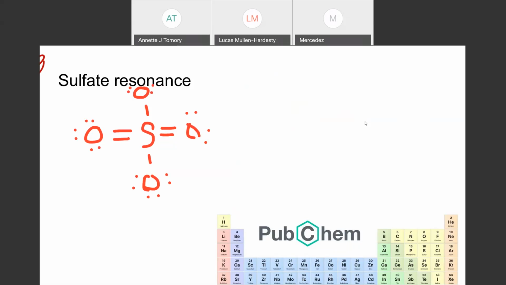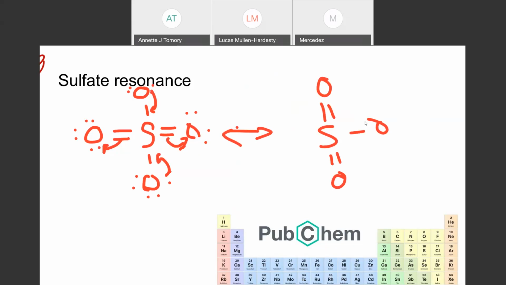Instead of doing it from left to right, I could let these electrons go back and then let these electrons come down. So I can have this resonance of it being on the top and bottom instead of left to right, because it doesn't matter which two electrons I take.